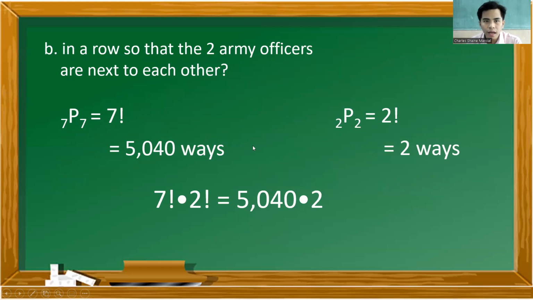And then ang gagawin natin, since yung 2 army are next to each other, yung 7 officers and yung 2 officers i-multiply lang natin. So we have 7 factorial times 2 factorial. For 7 factorial, we have 5,040, and for 2 factorial, we have 2. And then we will multiply 5,040 times 2, and that is equal to 10,080 ways.